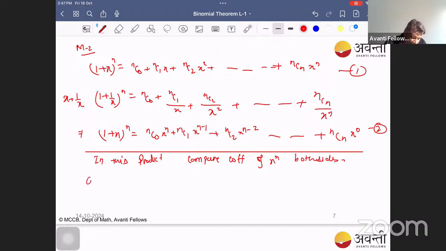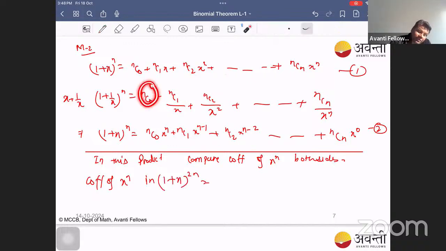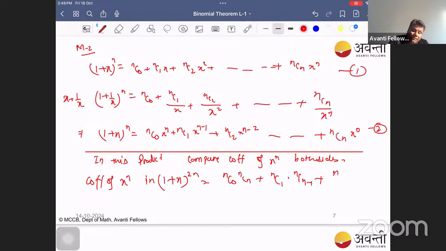So on the left side it will be the coefficient of x to the power n in (1 plus x) to the power 2n. On the right side, see how you will get x to the power n: if this nC0 is multiplied by this nCn, it will be nC0 nCn. Then nC1 nC(n-1). Then nC2 nC(n-2), and so on, nCn nC0.